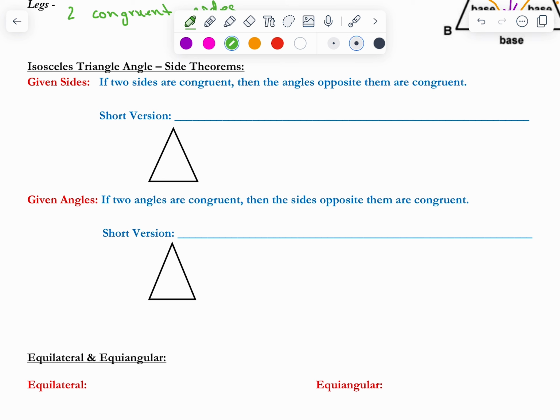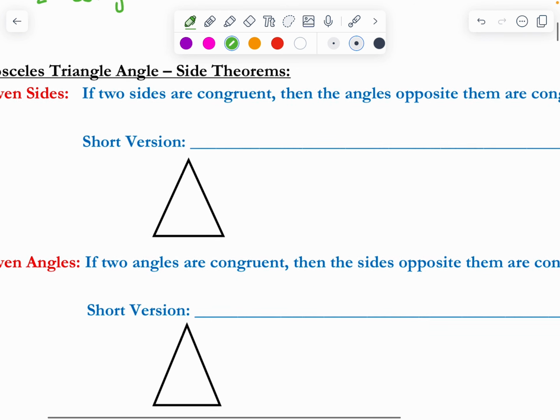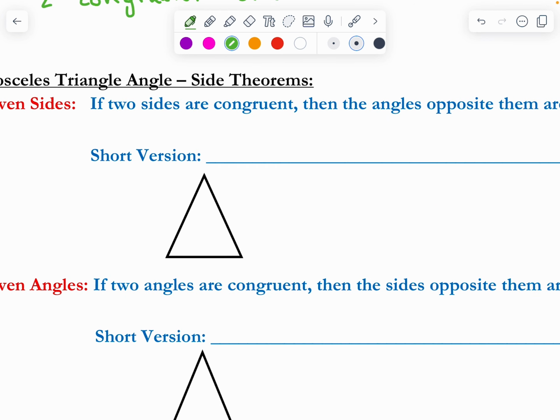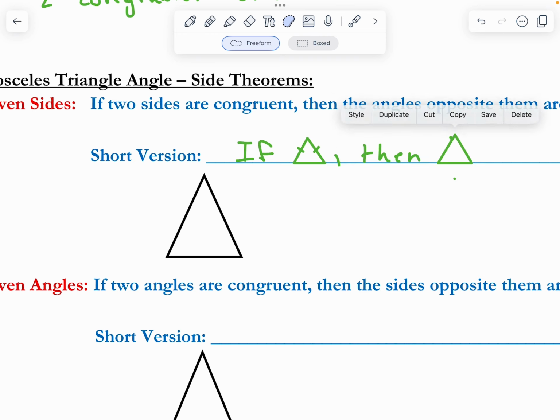So the short version is if we have a triangle, then the two sides are congruent, and its opposite angles are going to be congruent.